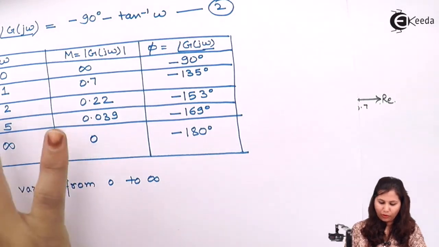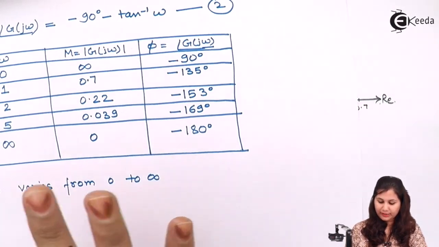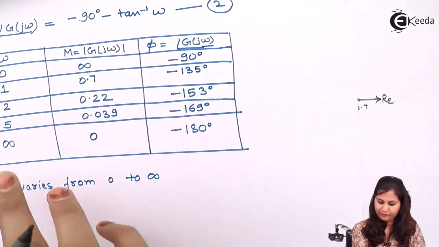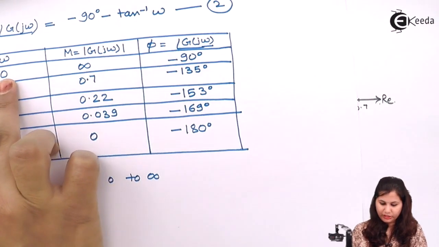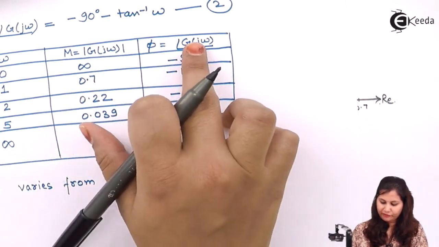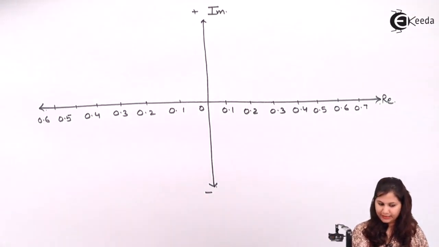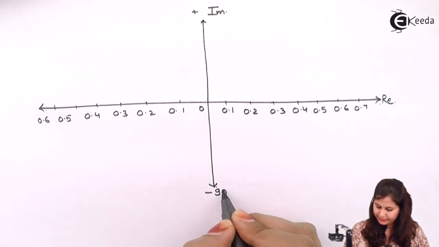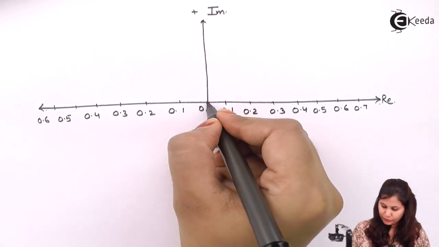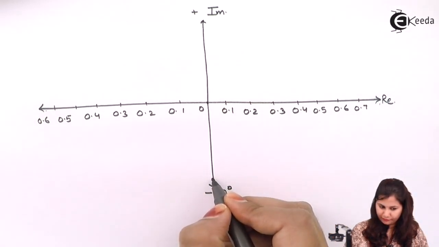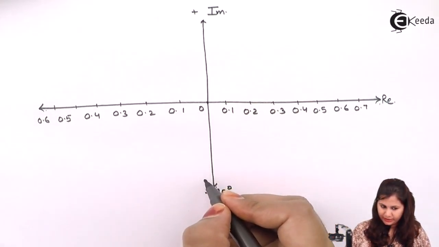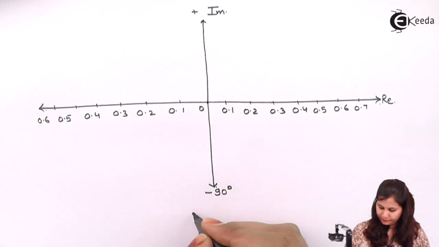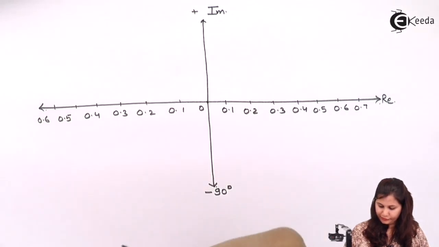So just plot all these points on this polar plot. For omega equals to 0 we have the magnitude as infinity and phase angle as minus 90 degrees. So this is minus 90 degrees here. Omega equals to 0, magnitude is infinity, so it will be somewhat like here, coming from infinity.